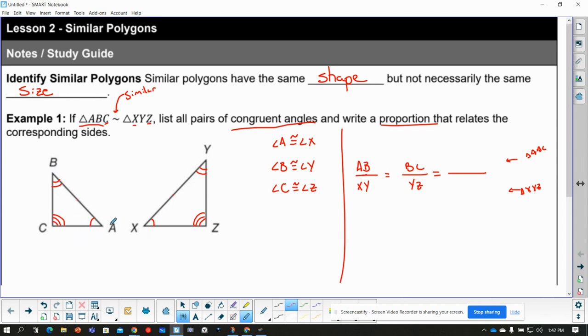AB, BC, it'd be this third side, CA or AC, either way you want to say it. But it's the last letter and the first letter that we're talking about. Same thing here. So I could go AC and XZ if I wanted to. AC and XZ. So all this question is asking for is list the pairs of angles that are congruent. We did that. Write a proportion that relates to the corresponding sides, and we did that. Okay, so that's the first example.